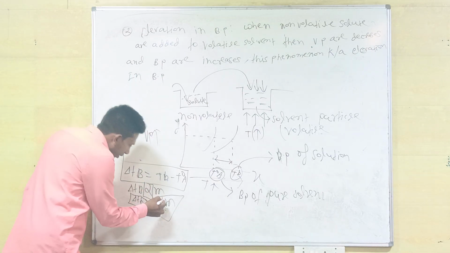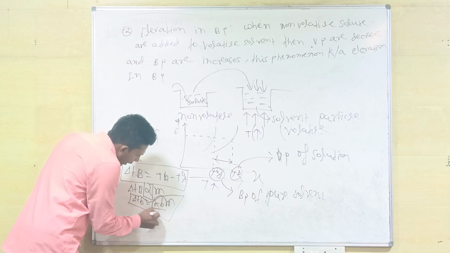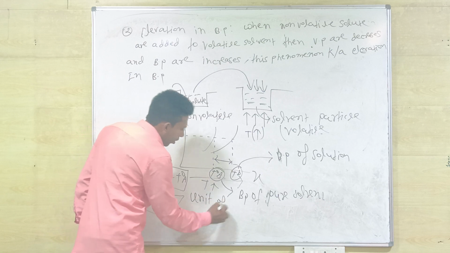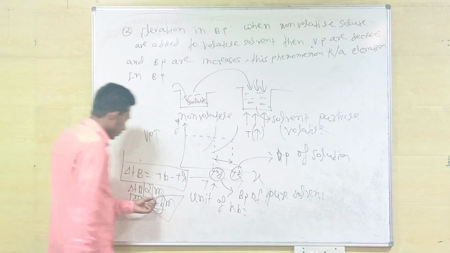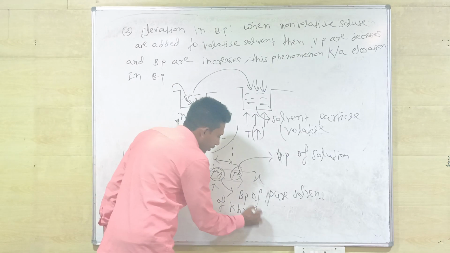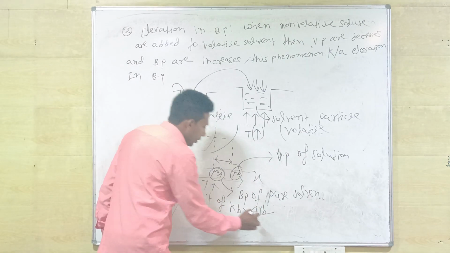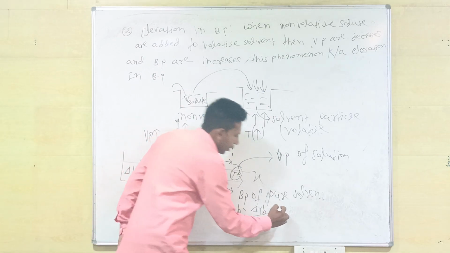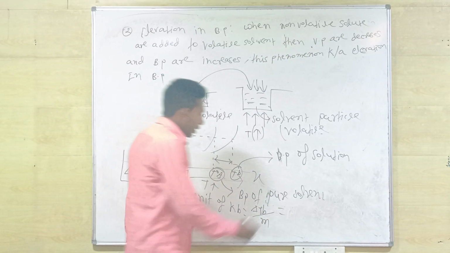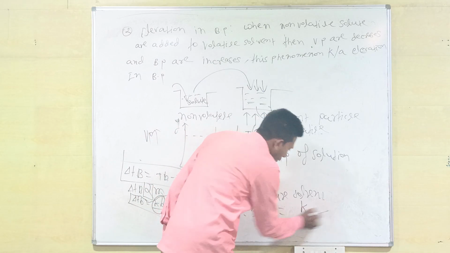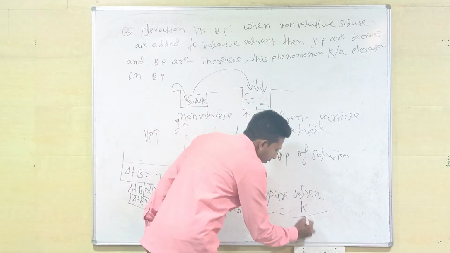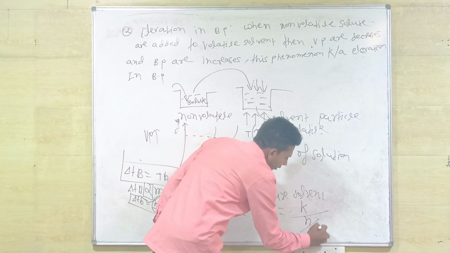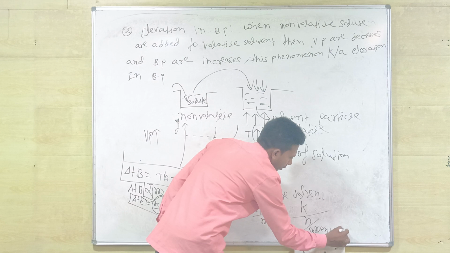Now regarding the unit of KB, the unit of KB equals del TB upon m, where m is molality. We know the unit of temperature is generally Kelvin, and molality is mole upon solvent in kg.